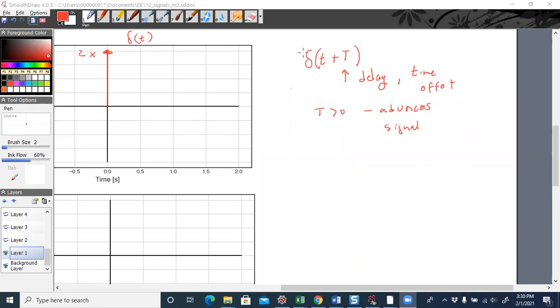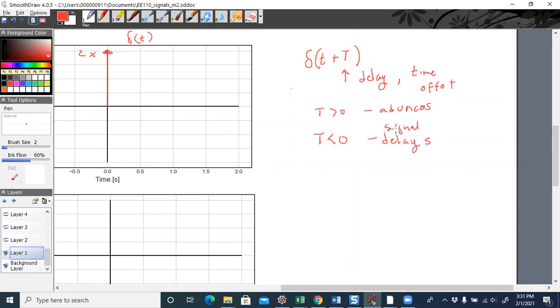So this is all that I wrote, is that you have a delta function and I'm adding a delay offset, right? Or time offset, because it could advance it or it could delay it. So if time is greater than 0, the signal will advance. And if the time is less than 0, it delays it.